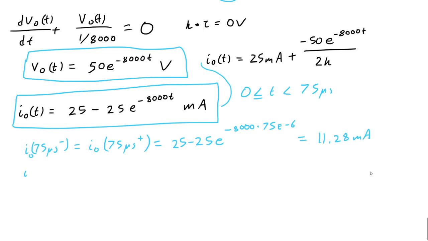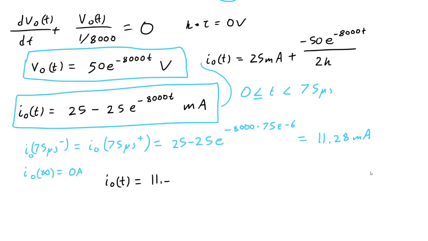And I infinity we know is going to be 0 because there's no more current source, well, the current source is there, but it's not providing any current. It's shut off. So we can say that the time constant is not going to change. We know it's currently 1 over 8,000. So Io(t) is going to be the I infinity, which is 0, plus the initial current minus the infinity current.